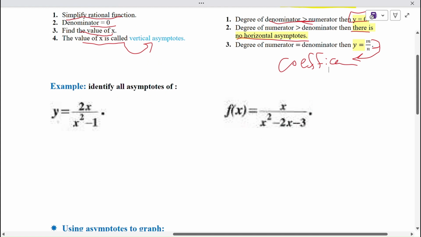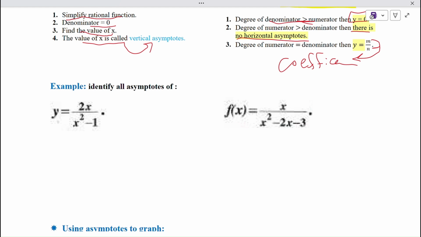Okay, at first, here we have y is equal to 2x over x squared minus 1. At first, you have to simplify the rational function. We have studied this. The numerator is simple, so you have to look at the denominator. The denominator is not simple, so let's write it again.